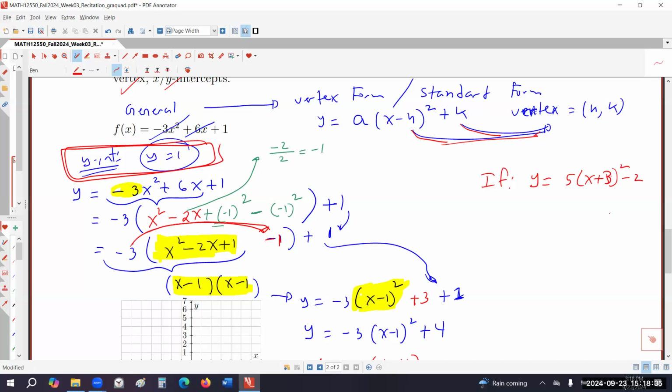Suppose you had this, then your vertex would be what? Opposite sign from the inside, which is -3, but the same thing from the outside. So vertex always is the opposite sign from the inside, but the same sign from the outside. So H changes sign, but K doesn't change sign. In our case, we have H = 1 and K = 4.